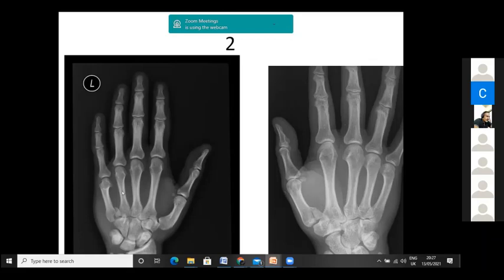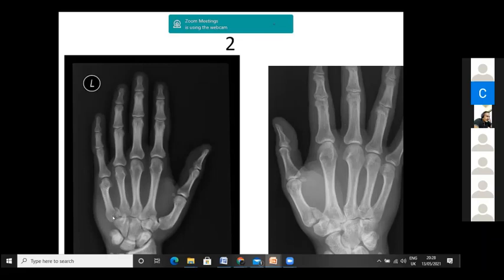Unlike a Boxer fracture, which usually happens in the neck of the fifth metacarpal. So that's what you should know. A Boxer fracture is also a fracture of the fifth metacarpal, but that normally happens in which area, Johnson? Neck, sir, neck. A Boxer fracture is in the neck, and this gets palmar flexed.